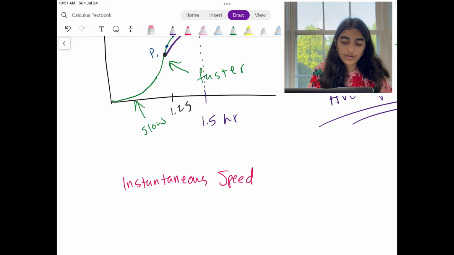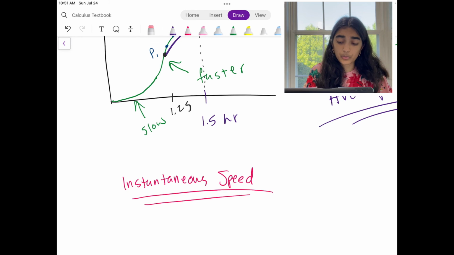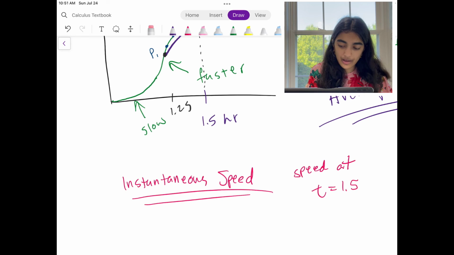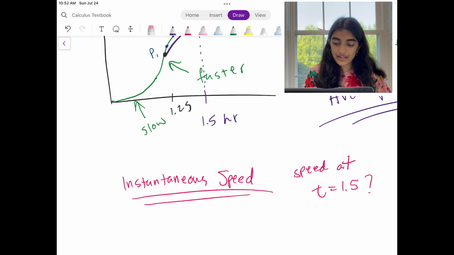And so that's what we're asking for when we ask, what is the speed at t equals 1.5? What is the instantaneous speed at this time?